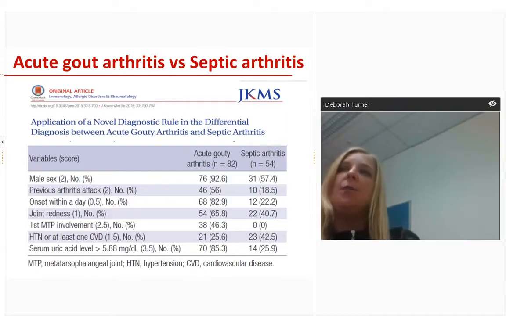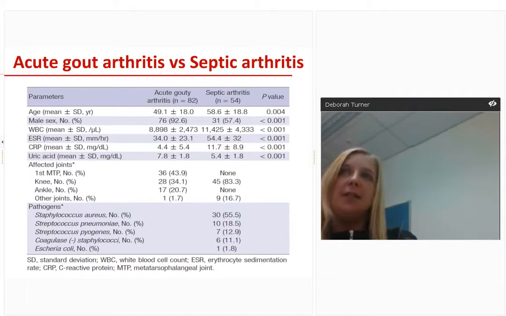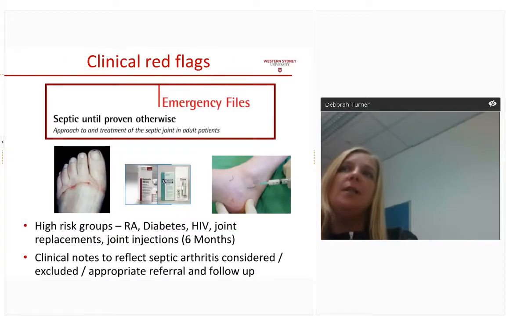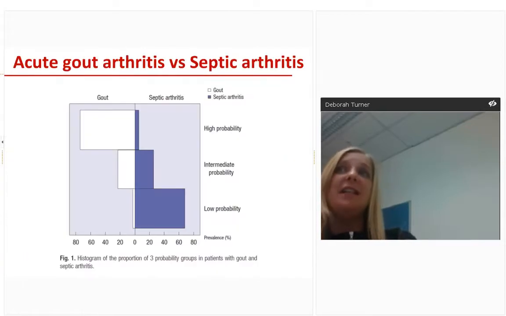We can see that when they did their inferential statistics, there were statistically significant differences in the areas highlighted in the table here. So what they're suggesting is that by using this scoring system, which could easily be utilised within community practice, if the score is suggestive of gout, there is a high probability that it is gout.